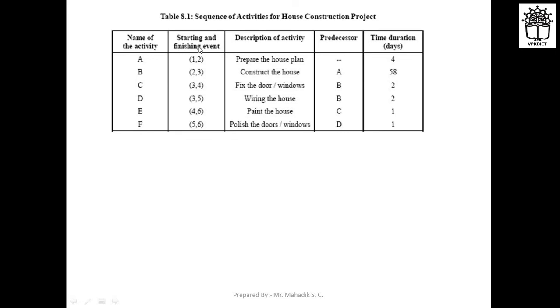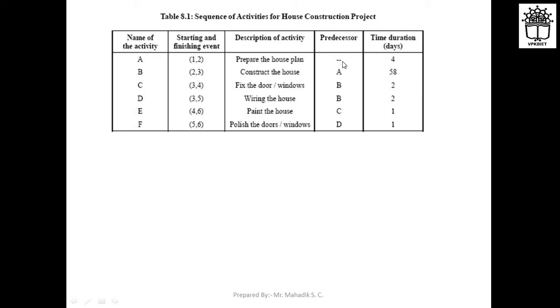The starting and finishing events are given: 1-2, 2-3, 3-4, 3-5, 4-6, 5-6, like that. The description of each activity is given: prepare the house plan, construct the house, fix the doors and windows, wiring the house, paint the house, polish the doors and windows, like that. This is the description of activities A, B, C, D respectively.